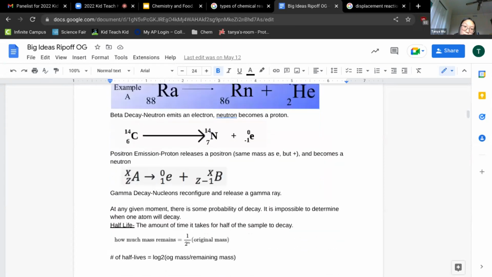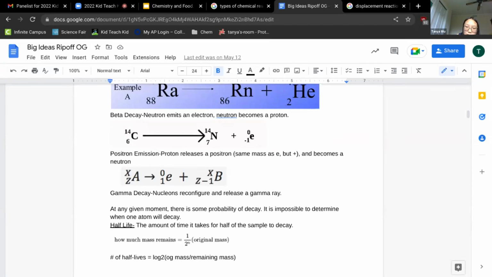Beta decay is when a neutron emits an electron and the neutron becomes a proton. It's really weird. So the mass will stay the same, but the number of protons will not. And it will also emit an electron. Positron emission is when a proton releases a positron, which is kind of like an electron, but it's positive, and then it becomes a neutron.